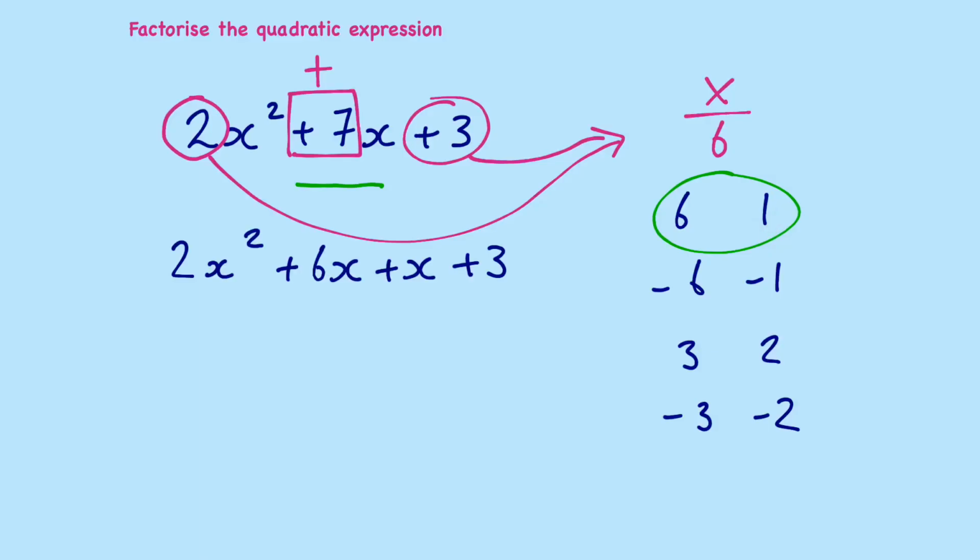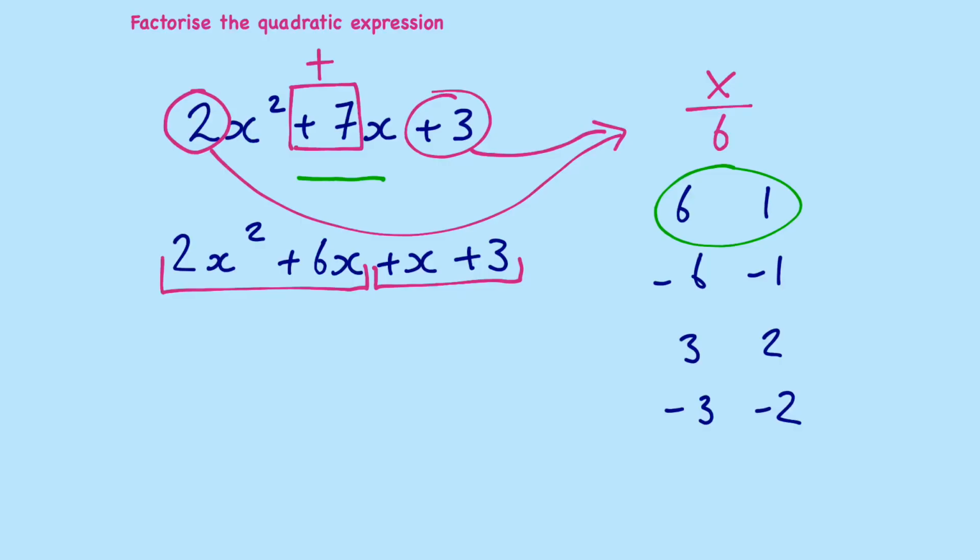So now that I have rewritten my 7x as plus 6x and plus x, I'm going to separate the 2x squared plus 6x and the x plus 3, and I'm going to factorise these two terms and factorise these two terms.